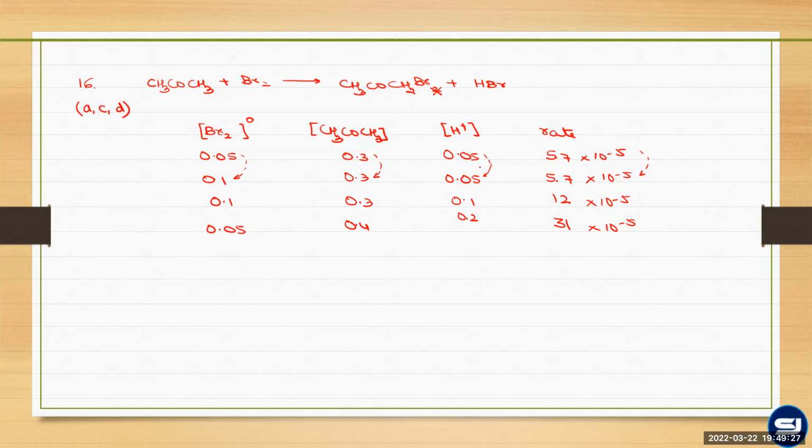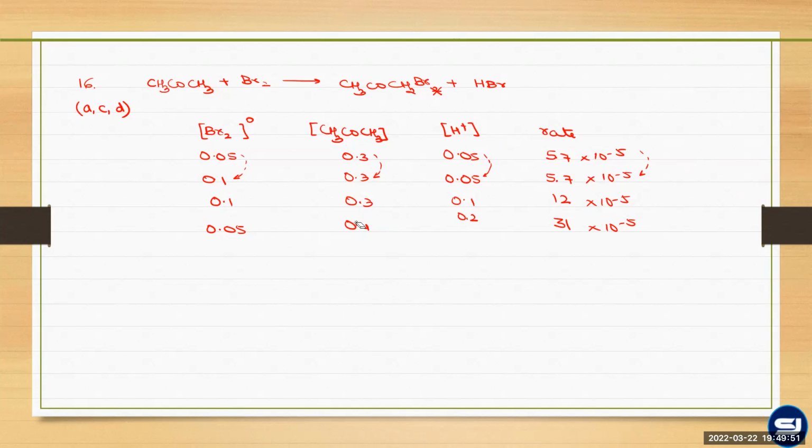ठीक है, अब मान लो आपको बाकी ऑर्डर अगर फाइंड करना होता तो same way में you would have kept the concentrations of other two constant. जैसे अभी acetone का order फाइंड करना है, ठीक है। So we can take like the third and fourth data only because there is a change in the third and fourth data only, right?